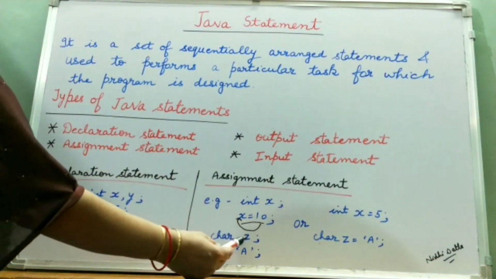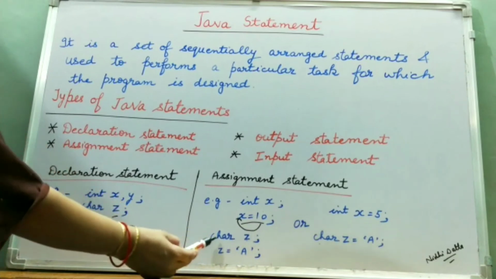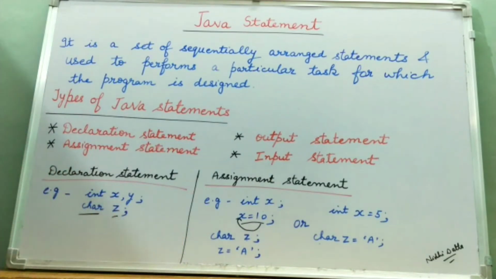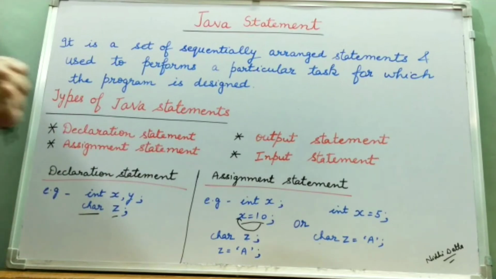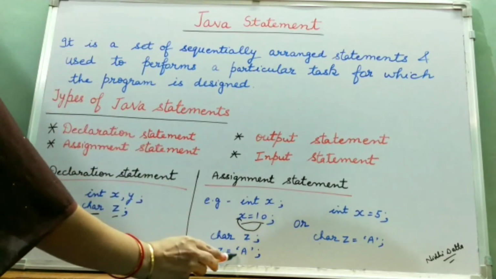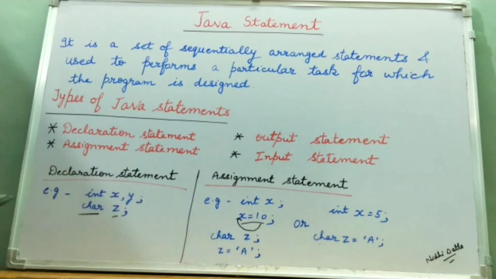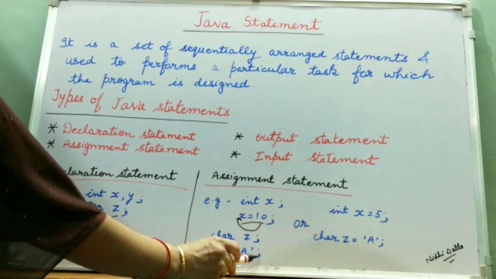And char z means z is a variable and it is of char type. Char is a data type, for the type of data we want to store in this variable. z is equal to a character, which is always given within single quotes. It is compulsory. Then the semicolon.